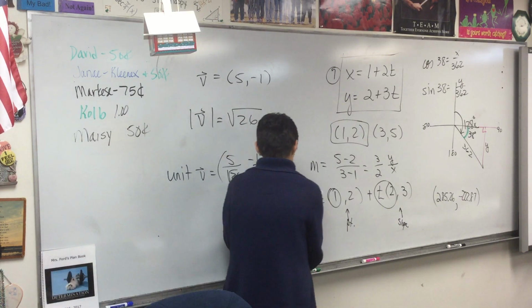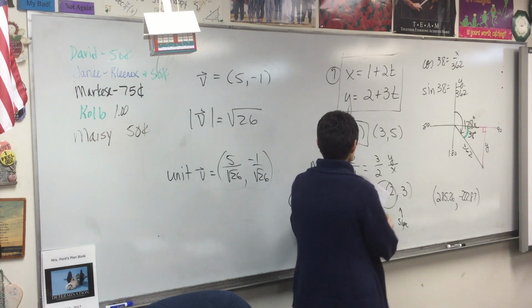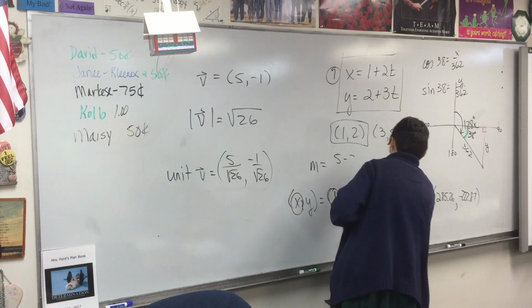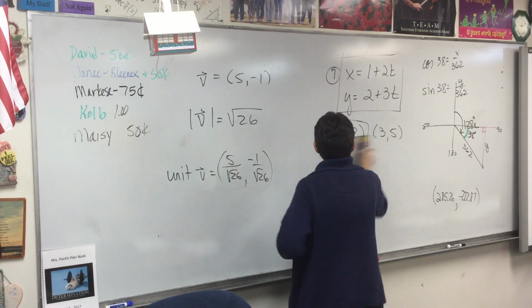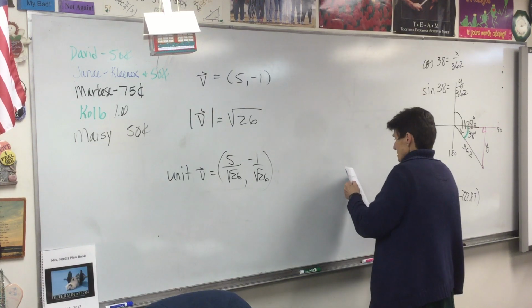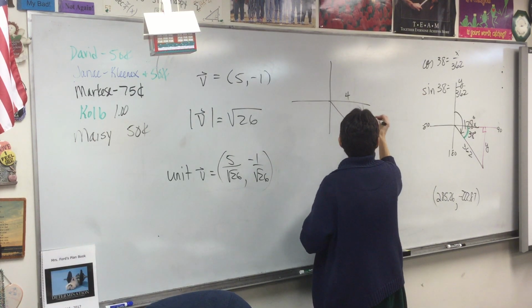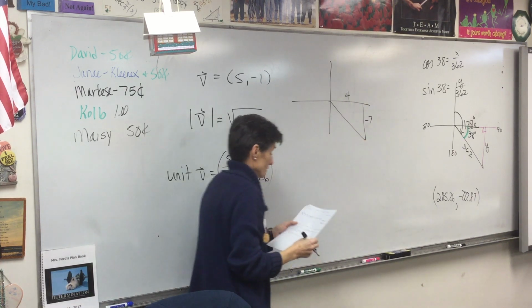All right, 10. Find the magnitude and direction angle. I'm going to draw a little picture of this to help myself see what's going on. Here's 4, negative 7.